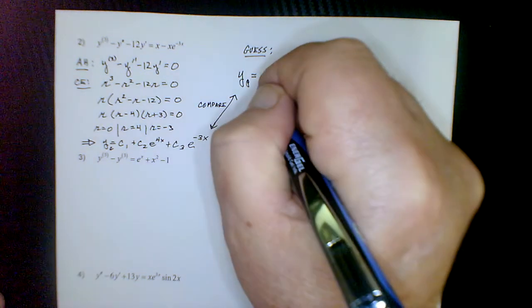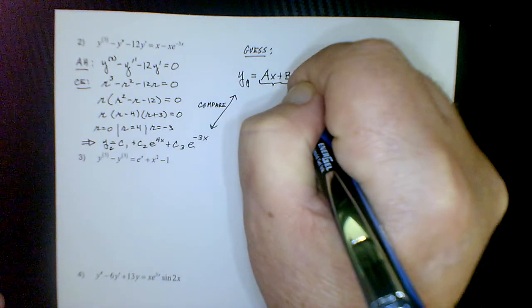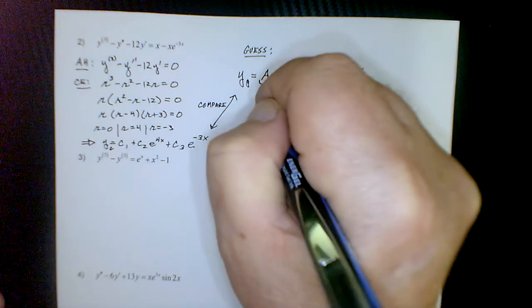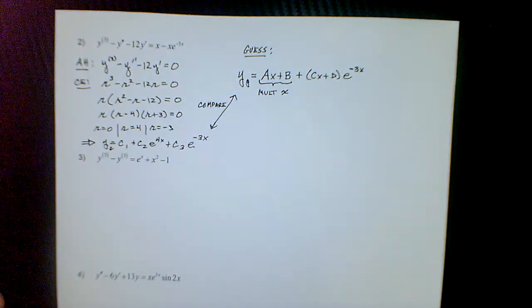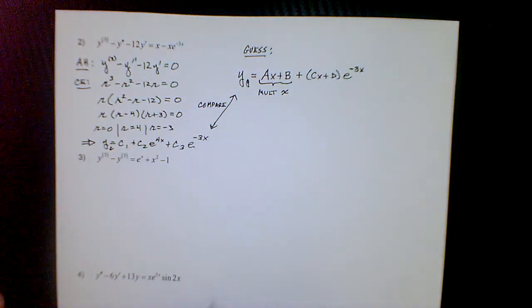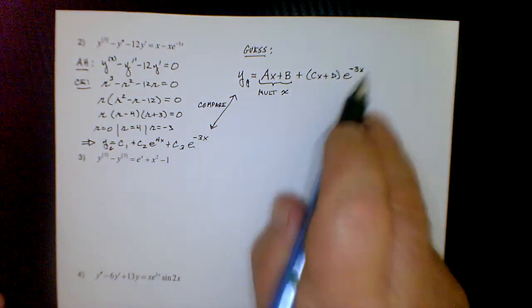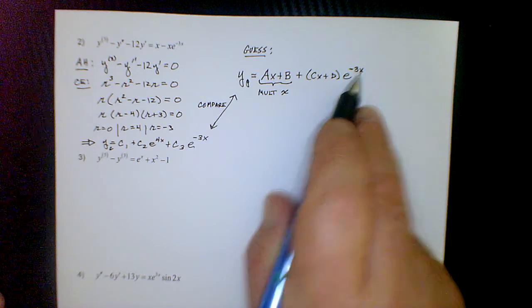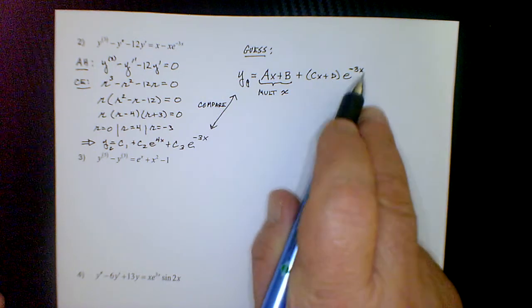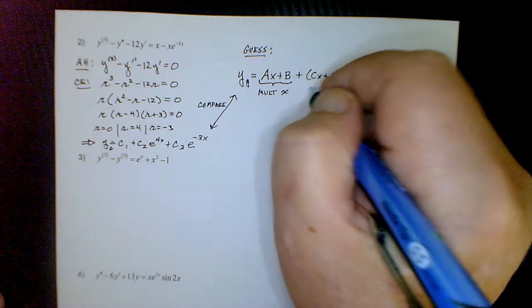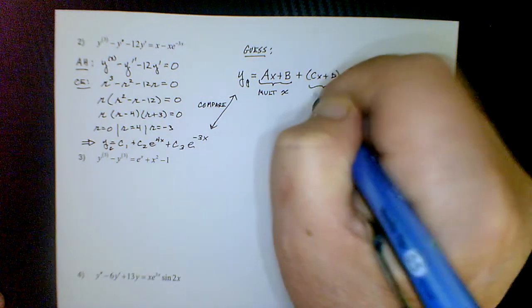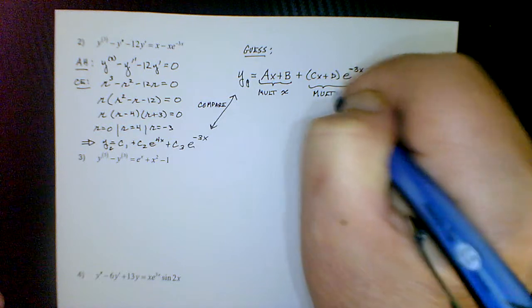So to account for that, we're going to multiply the quantity ax plus b times x. And then we see that we have a factor of e to the negative 3x, which would account for d e to the negative 3x, which is the same as c3 e to the negative 3x. So in a similar way, we're going to multiply that by x as well.